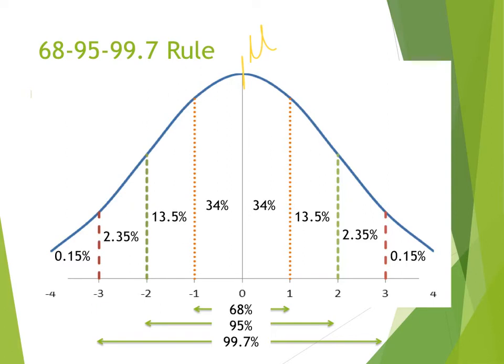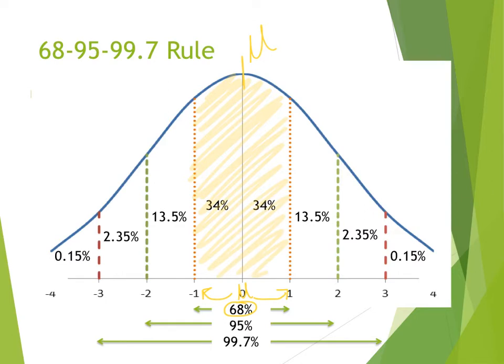So I have my mean here, and then one standard deviation from my mean on each side. All of that is the 68%. If you want to think about it as a shaded region, this middle part here is your 68%.